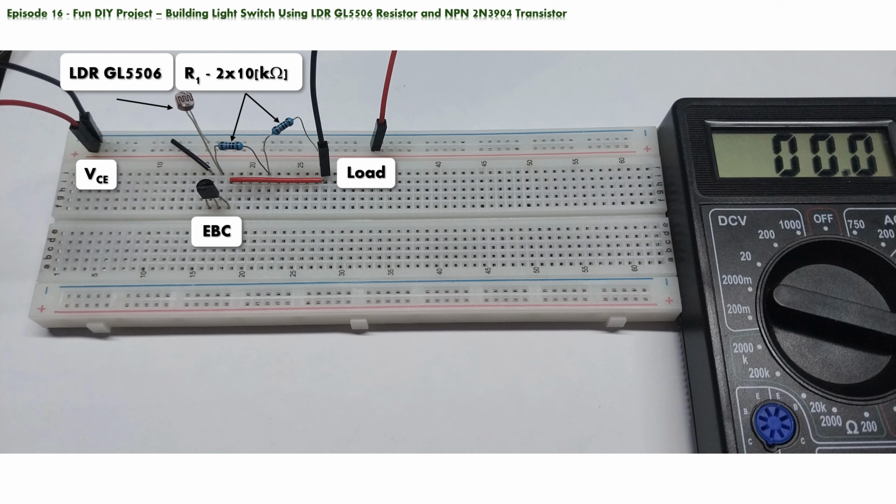Our LDR GL5506, and two 10 kiloohm resistors, form a voltage divider circuit that is connected directly to the base of the NPN transistor. Next, the emitter is connected to the negative rail with a black wire. And last, the multimeter is connected between the positive rail of the power source and the collector terminal.